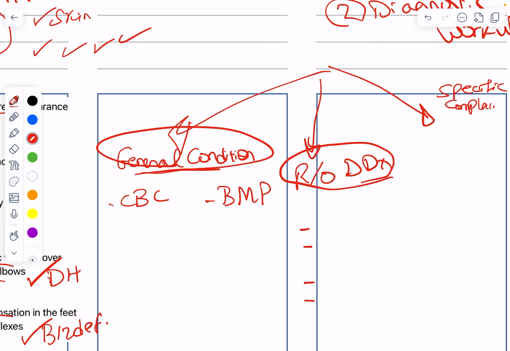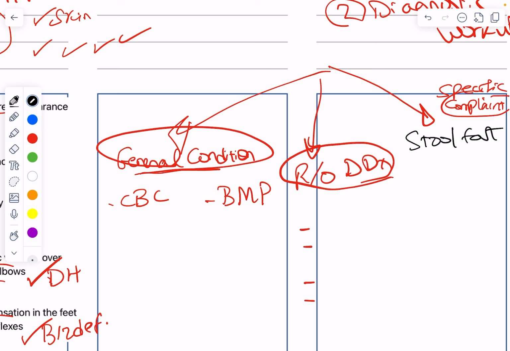So for example here, the complaint is steatorrhea. So you're going to do workup to prove steatorrhea, to prove that this is actually fatty diarrhea, okay? It's malabsorption. So to prove the malabsorption, in this case, because it's steatorrhea, we're going to do stool fat analysis, right?